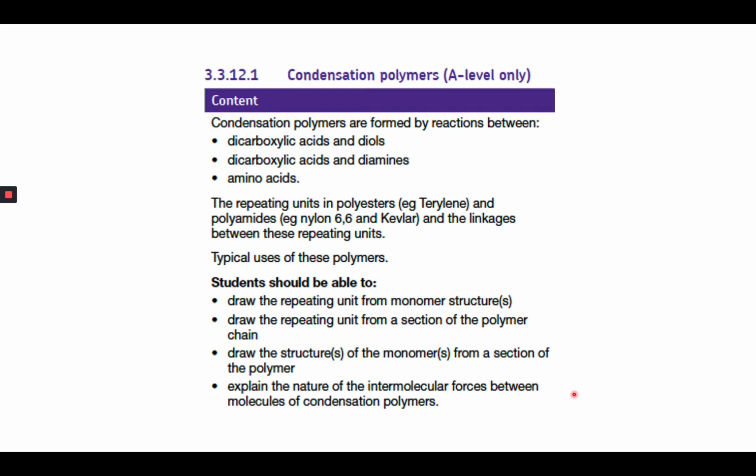The other skills are going to be implicit in the run through in the video. I'll do a separate video with actual exam questions, so this video is really going to be about explaining or thinking about condensation polymers.